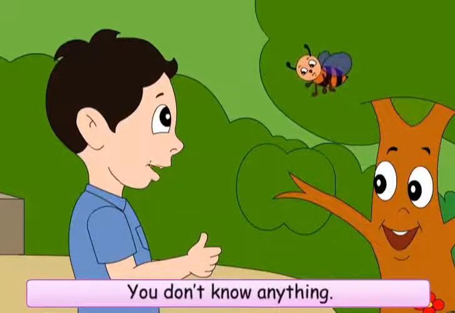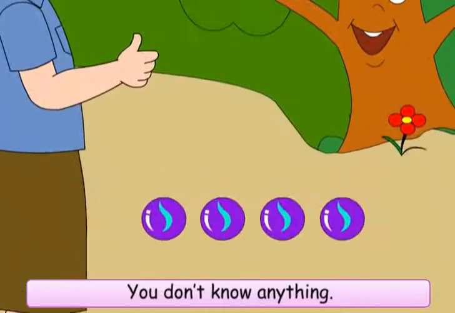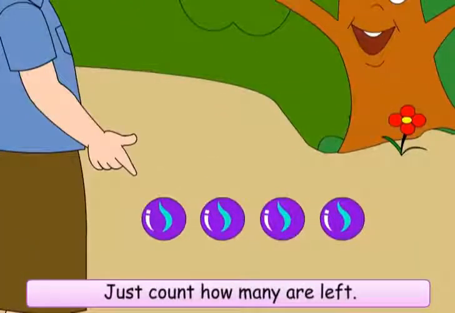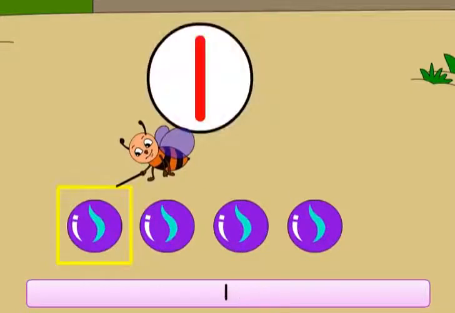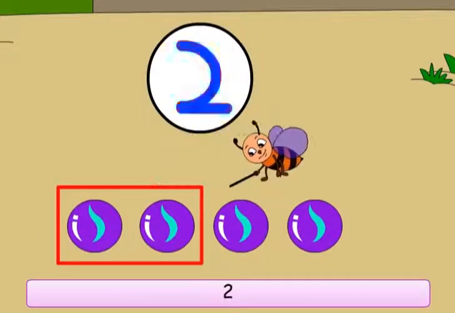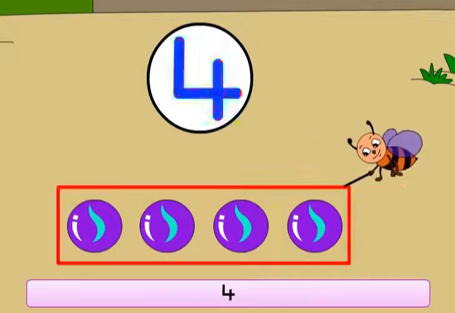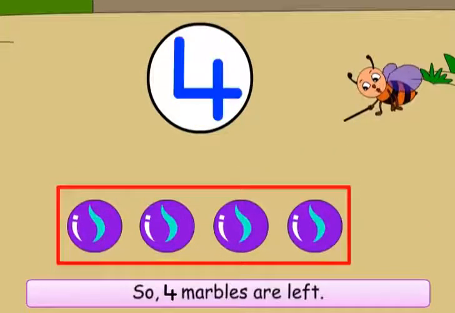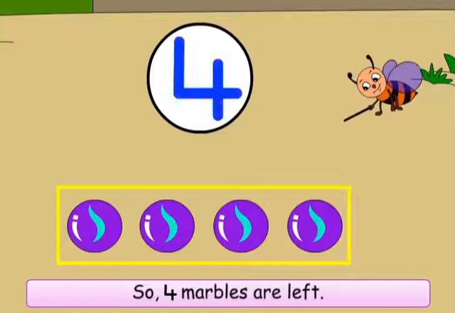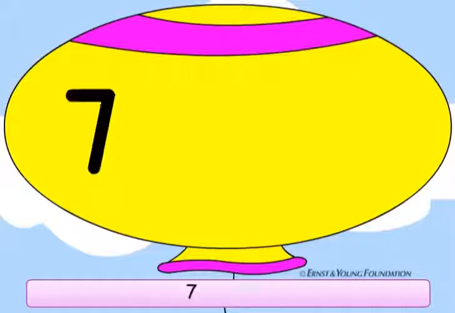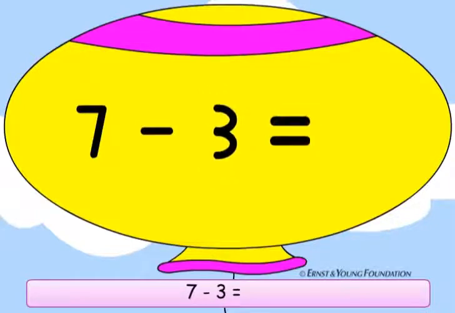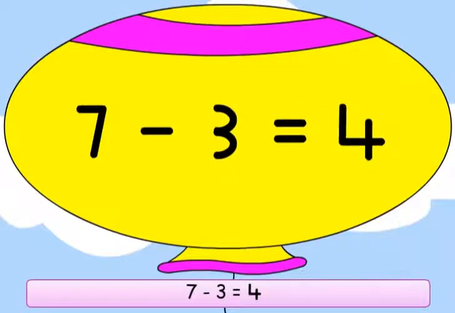Oh, Buzz, you don't know anything. Just count how many are left. Now I know. Chinu. 1, 2, 3, 4. So, 4 marbles are left. So we can say 7 minus 3 is equal to 4.